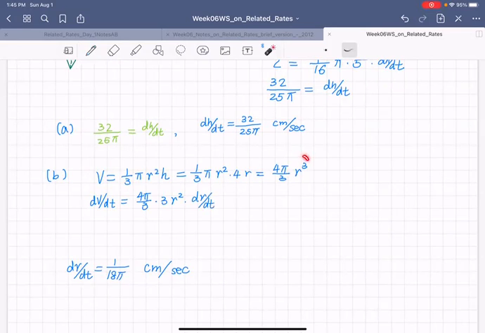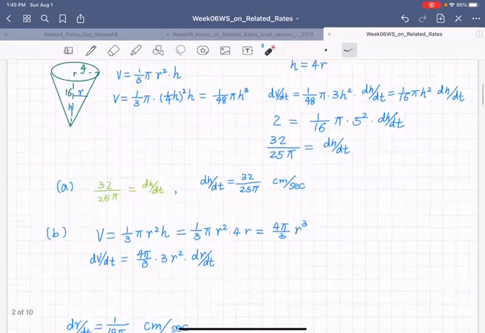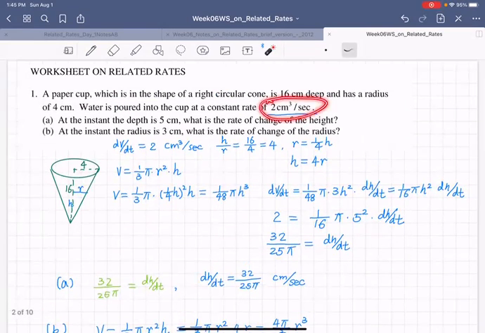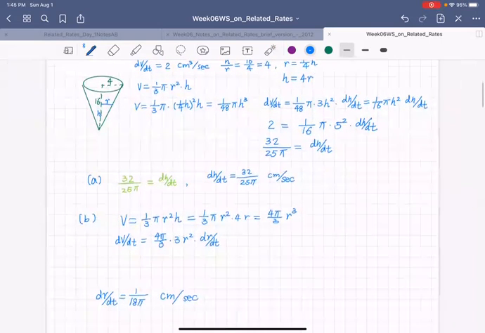No, this is r only, so it's dr over dt, okay? Next, dV over dt is given. So we will plug in. This is 2 equals 4. This canceled, right?